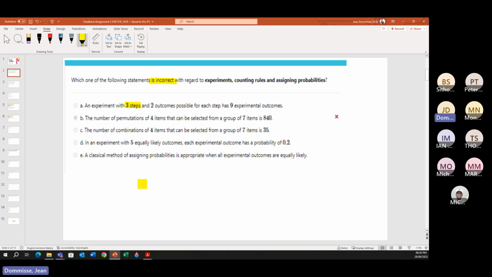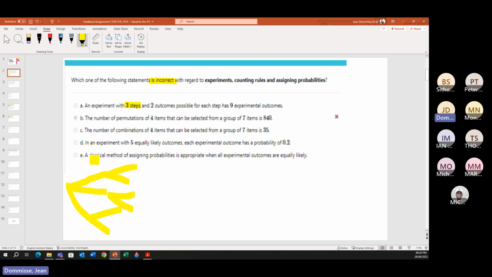So what I would have done is to draw it like this. So I've got my 3 steps, and each one has a possibility of 2 outcomes. Okay, so how many experimental outcomes are there? And does it seem correct?